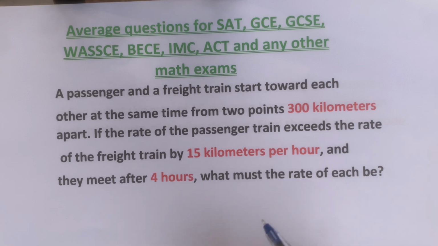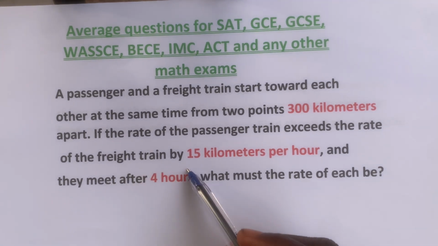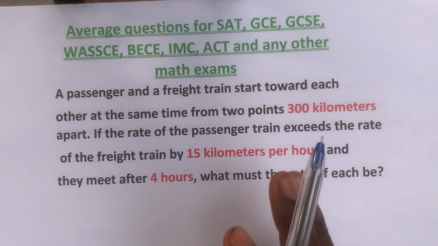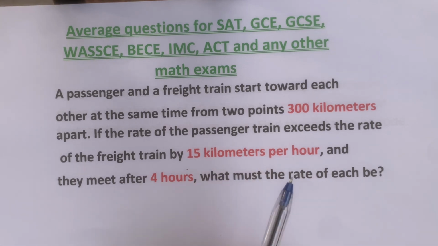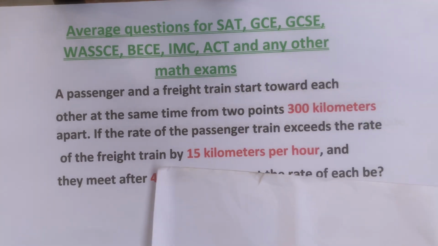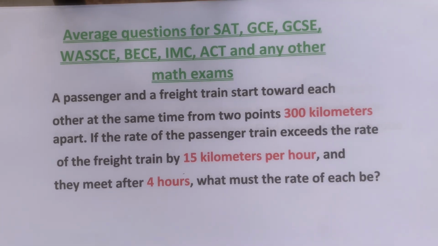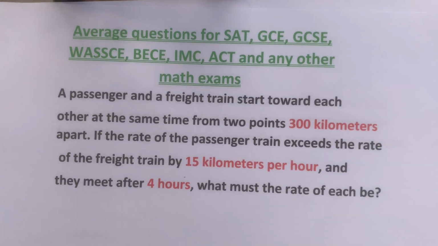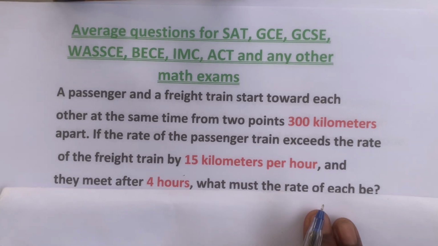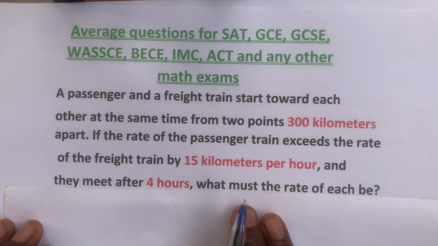So let's see how we do that. Whenever we are given problems such as this, it is very convenient making a table that will just save your time. So let me use this sheet to make a very small table here.